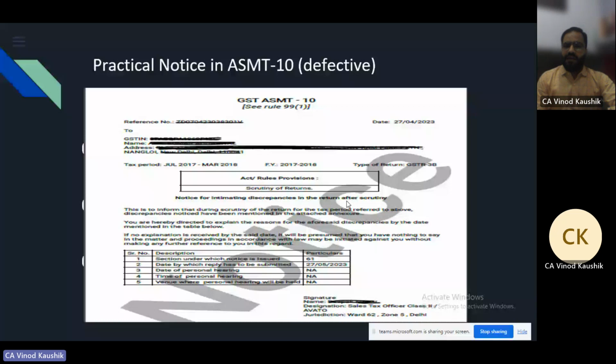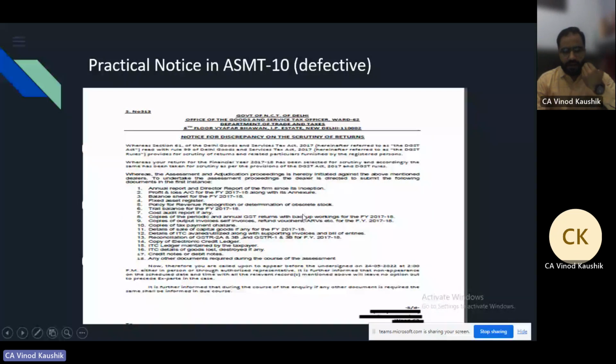So for ASMT 10, wherein no discrepancy is given, we strictly advise not to reply to those notices in the manner they want you to reply. For these kinds of notices, we have a simple standard reply that this ASMT 10 is not able to explain what the discrepancies in my returns are.